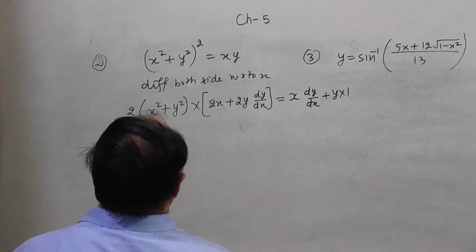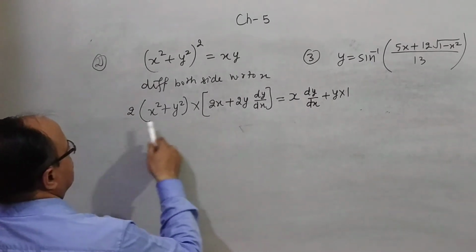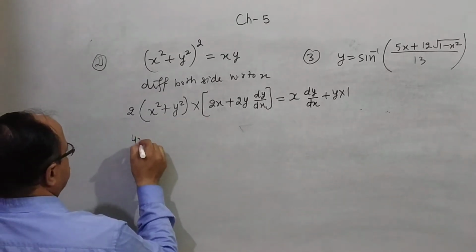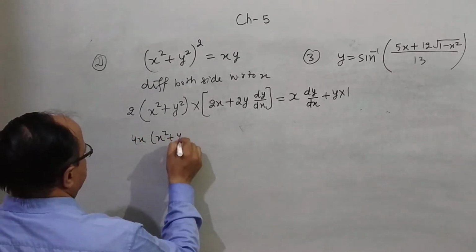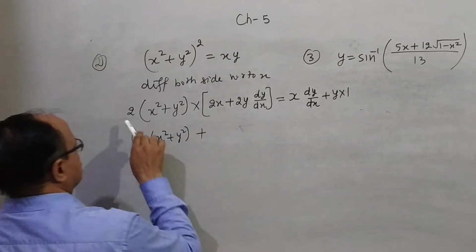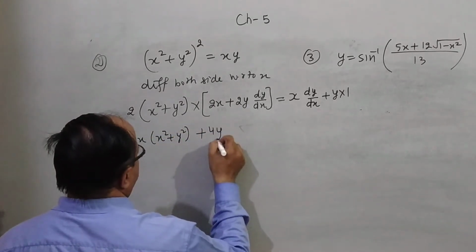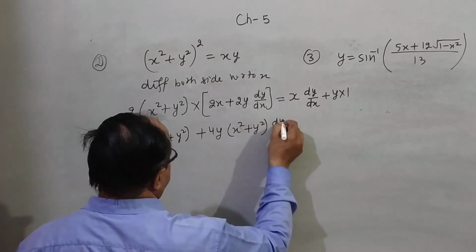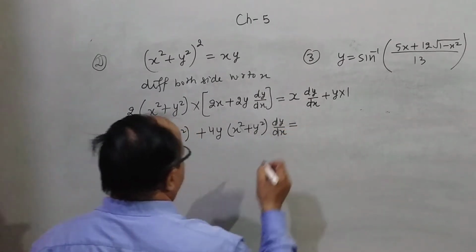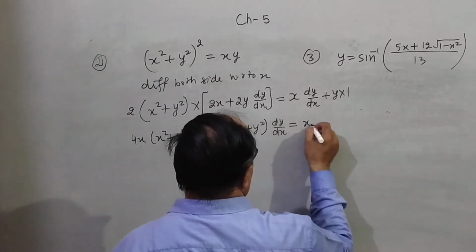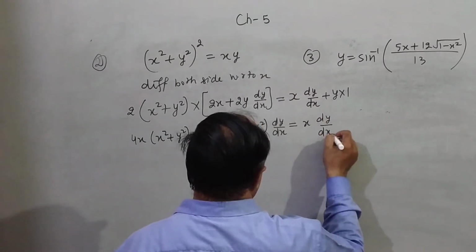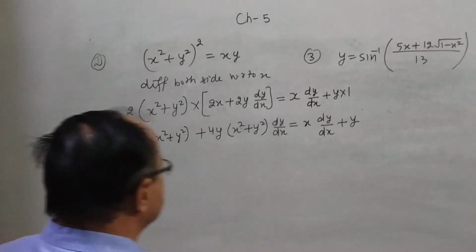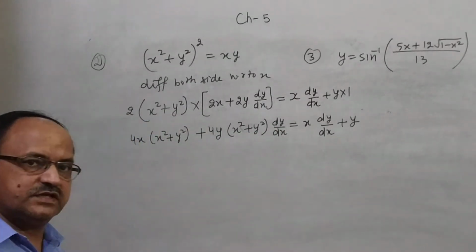Now you can take 2 common, or you can multiply this by this, that is 4x(x square plus y square) plus 4y(x square plus y square) dy by dx is equal to x dy by dx plus y. Right? This is the derivative of this.